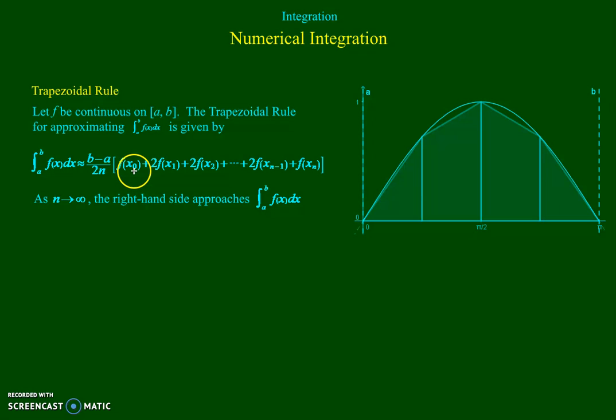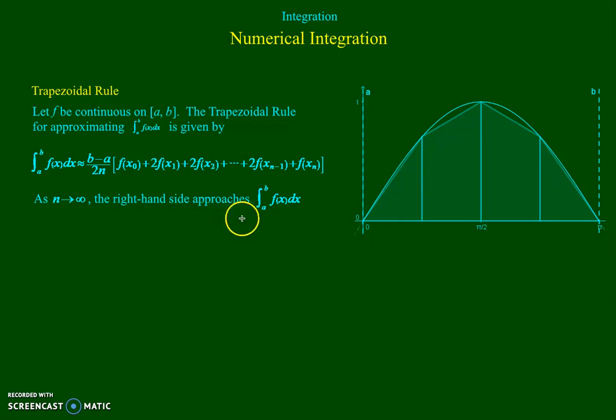We'll see that when we derive this expression in another video. Now, as we saw in our Riemann sums discussions, as n approaches infinity, as the number of trapezoids increases, our estimate of the area under this curve is going to get increasingly better.